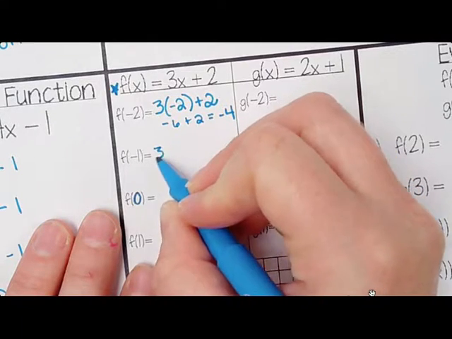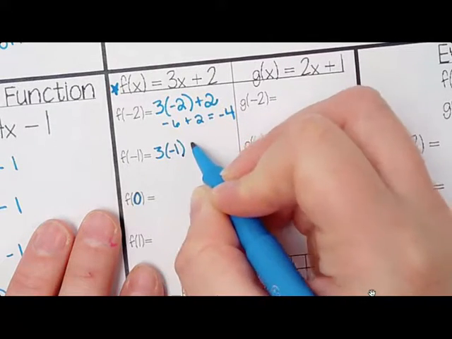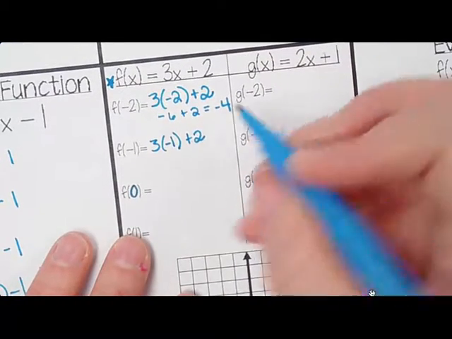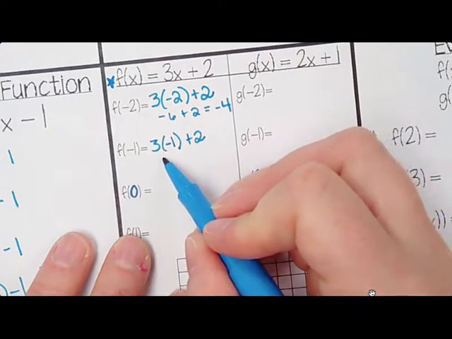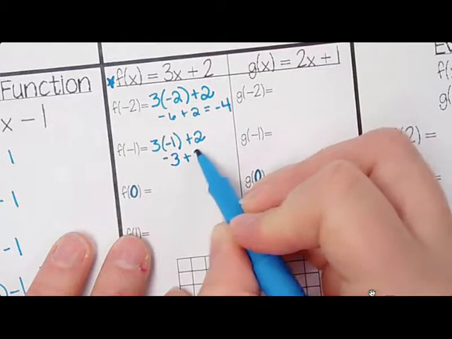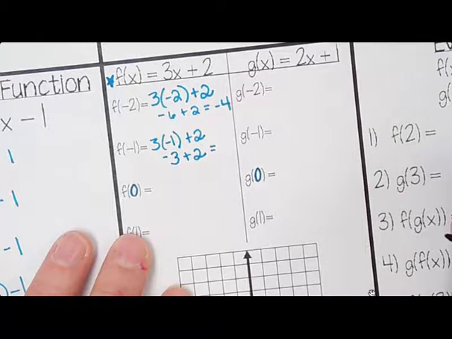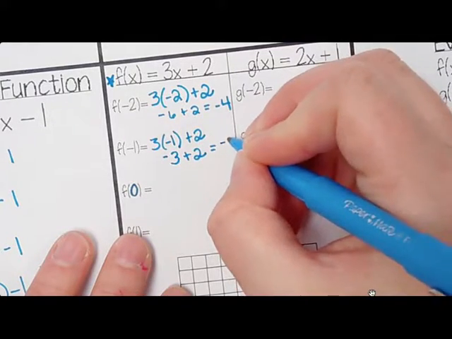So we're going to do 3 times a negative 1 plus 2. 3 times negative 1 is negative 3 plus 2. They are different signs, so we're going to subtract them. 3 and 2 are 1 apart, and we keep the sign of the larger, so it's negative 1.